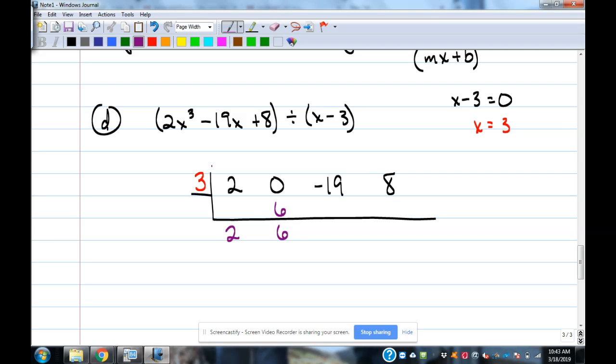Multiply. 6 times 3, 18. Then add. Negative 19 plus 18 is negative 1. Multiply. Negative 1 times 3, negative 3. Add. 8 plus negative 3 is 5. This number is your remainder.